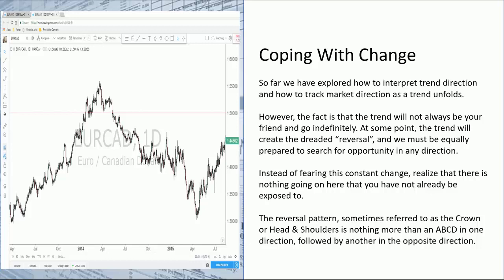So this isn't anything that you don't know already. This is simply one A, B, C, D in one direction, followed by an A, B, C, D in another direction. Once we learn how to identify this, we can learn to take advantage of opportunities in multiple directions.